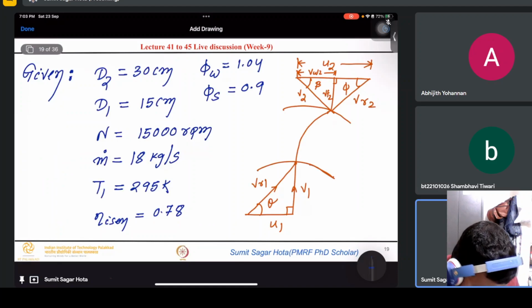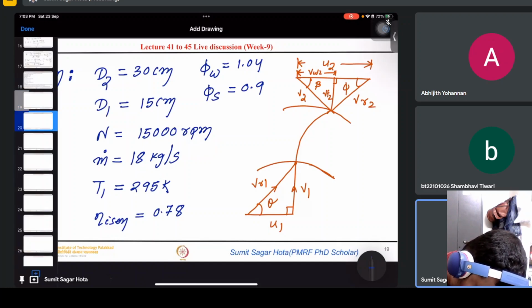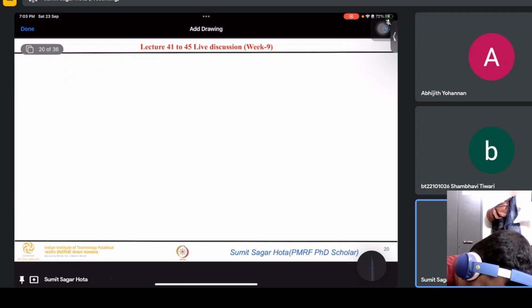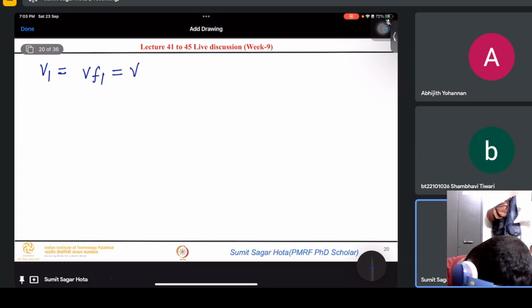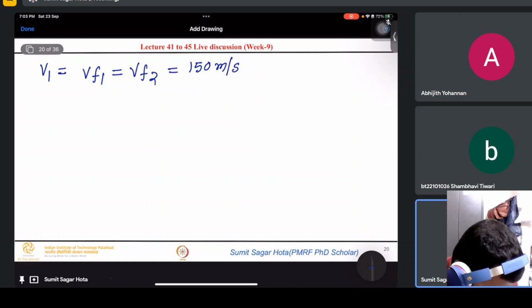It means that V1, which is the inlet velocity, is the same throughout the annulus, that is Vf1 is equal to Vf2 equal to 150 meter per second.